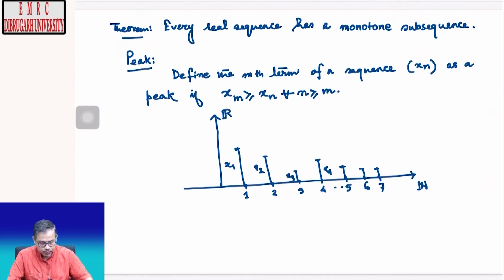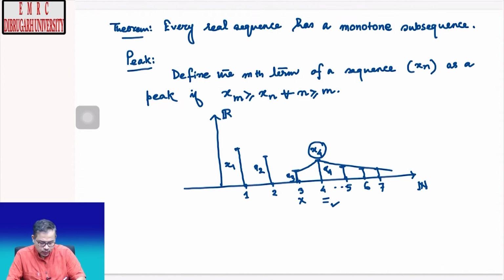You can see on the right of x4, everything is less than x4. Therefore, x4 is a peak. But under the same argument, on the right of x3, x4 is greater than x3. So, x3 can never be a peak.